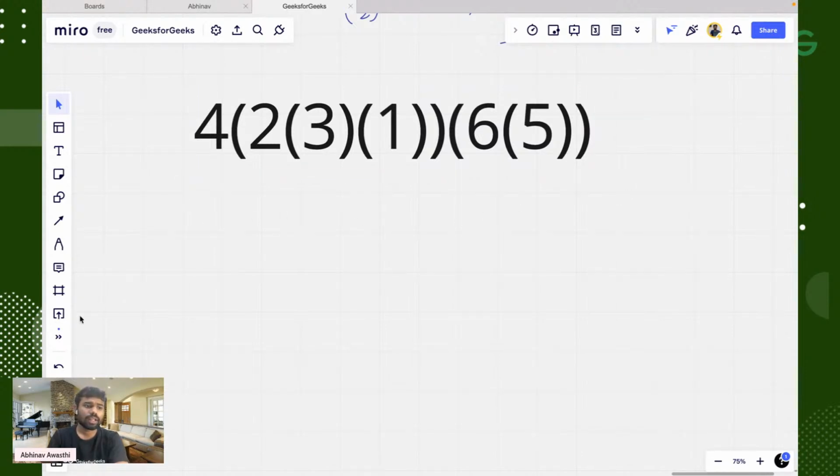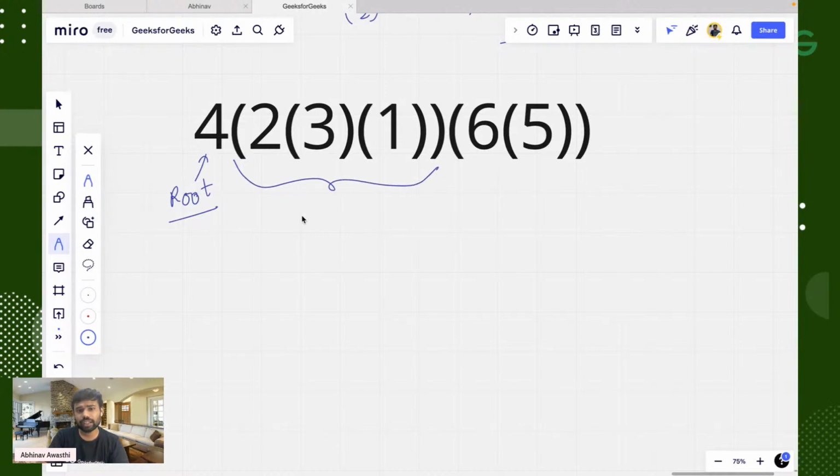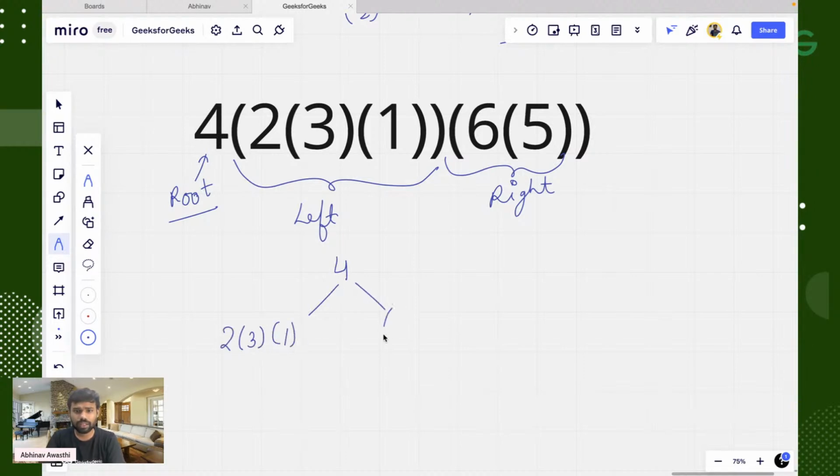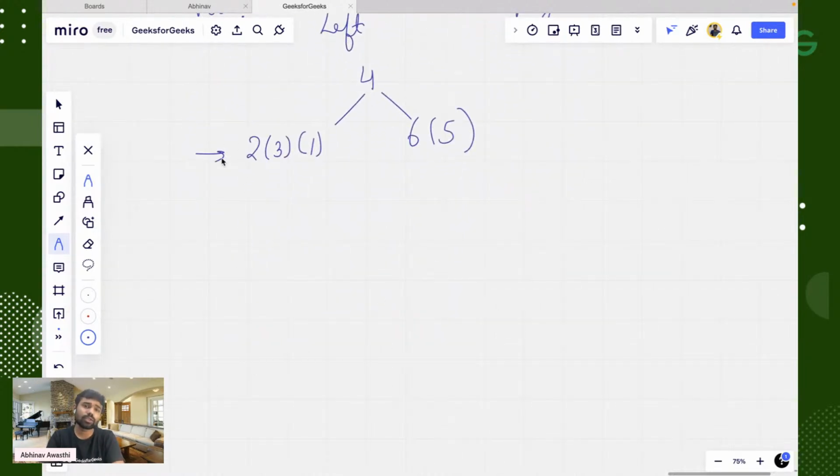Okay, here you will see that this is the root, and corresponding to this root, as I said, there will be two bracket pairs. This one is the left subtree, and this is the right subtree. So this is 4. The left subtree of 4 is 2, 3, 1, and its right subtree is like this. Now, similarly, for these two subtrees also, we have a different tree.